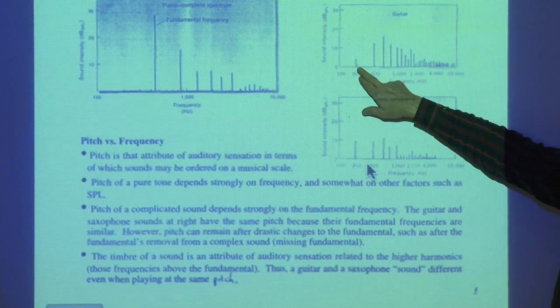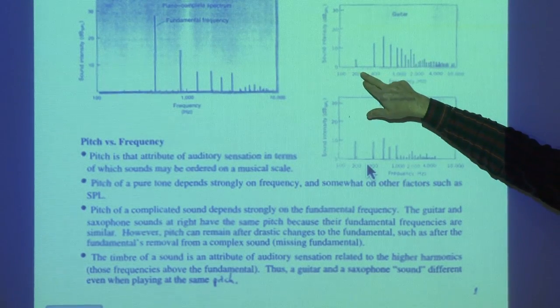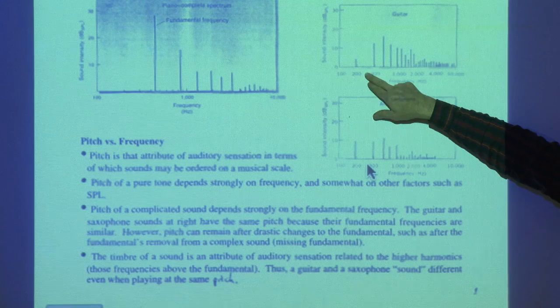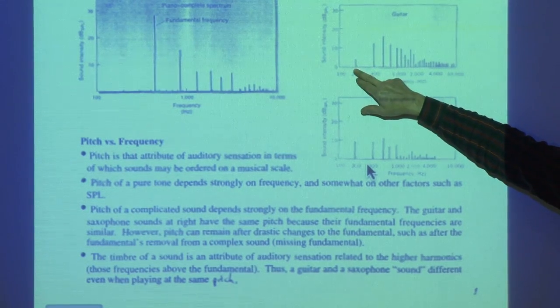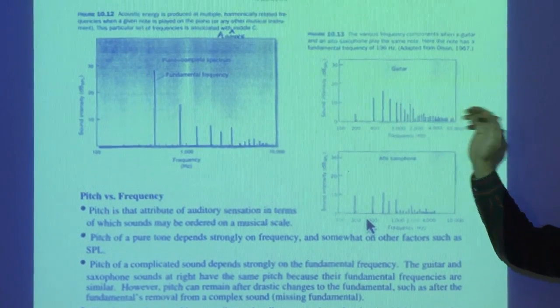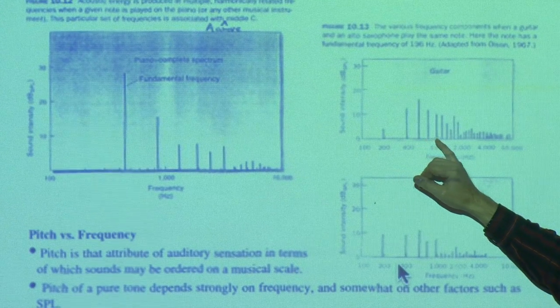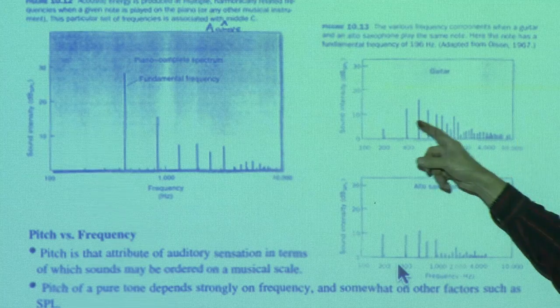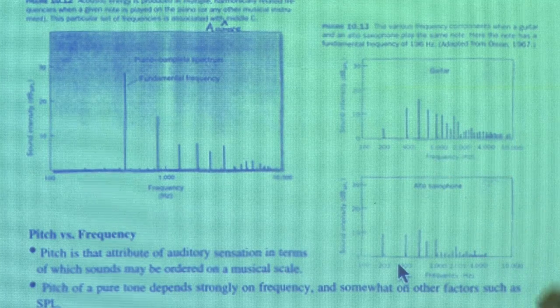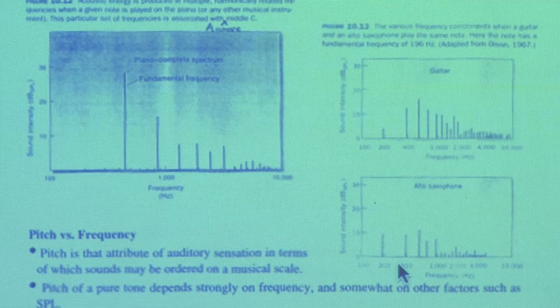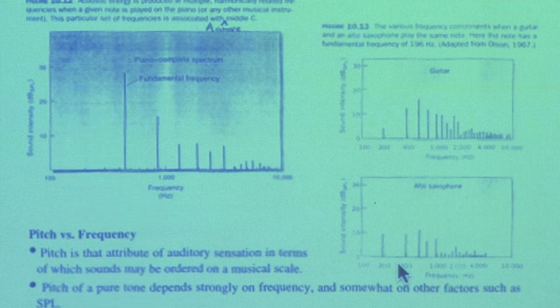But sometimes the fundamental, for example in this guitar sound, is pretty weak. And in some cases, you can take it out altogether. The pitch doesn't change that much, surprisingly. So somehow the ear knows by this pattern of spectrum that there should be a fundamental there, and it can stick it back in. So that's what pitch is.